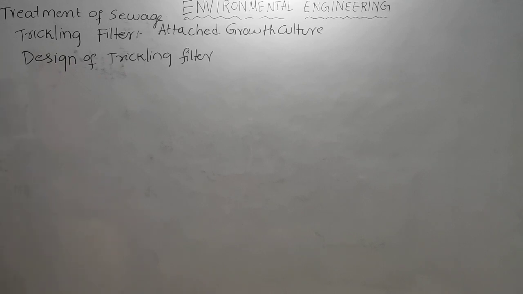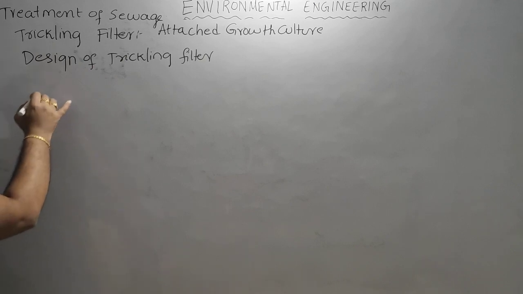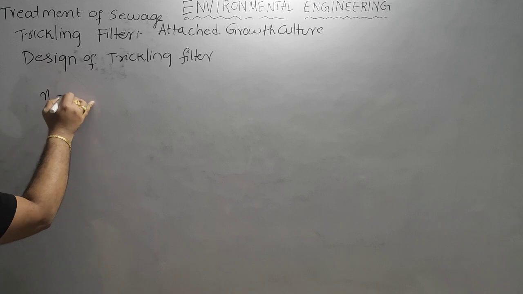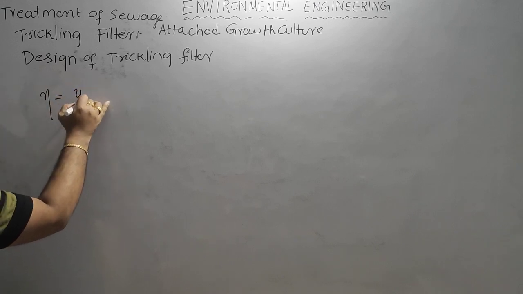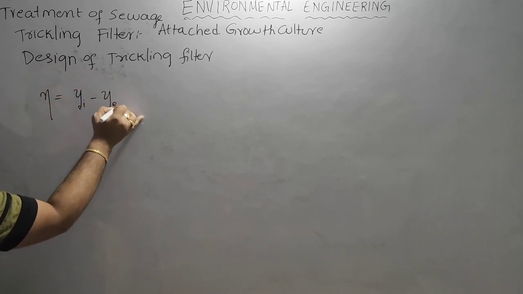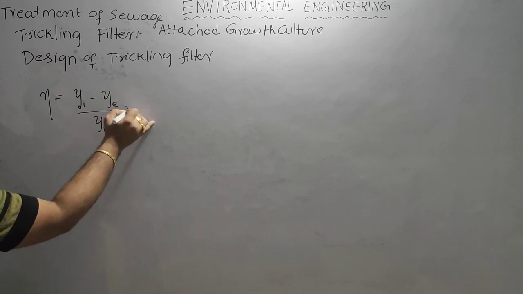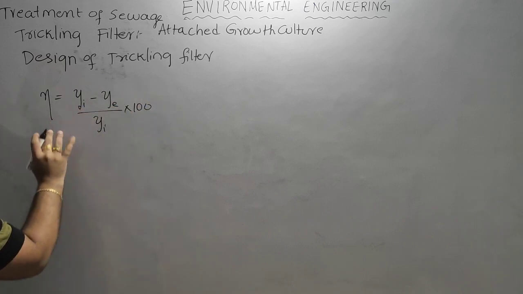I told you the efficiency of BOD removal depends upon the factors which I have mentioned. Keeping those factors into consideration, NRC has given an equation for BOD removal. Generally, the conventional formula we use for BOD removal efficiency is (Yi minus Ye) by Yi into 100.